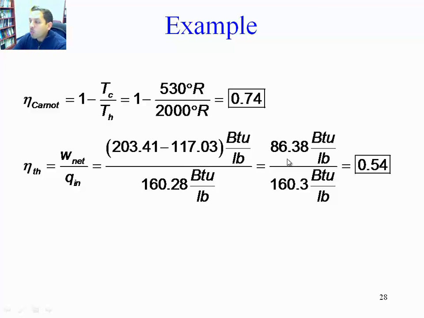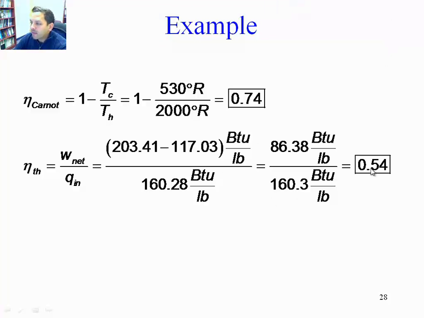So the net work generated in this cycle is 86.38, and we put in 160 BTU per pound of energy in the combustion process. That's 0.54 or 54%. That's the efficiency of the cycle. And because it's lower than the Carnot efficiency, it follows the second law of thermodynamics.